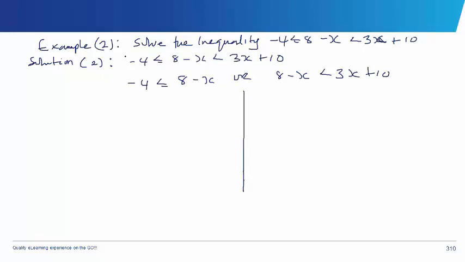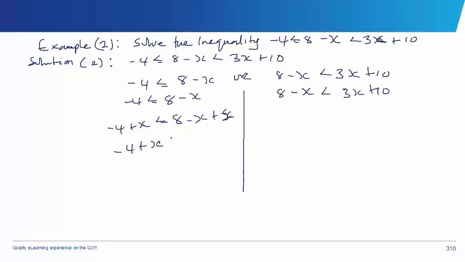So this part will be for minus 4 less than or equal to 8 minus x, and this part will be for 8 minus x less than 3x plus 10. Starting from here, I will add x to both sides of the inequality, and this takes care of x from this side, and here becomes minus 4 plus x less than or equal to 8.